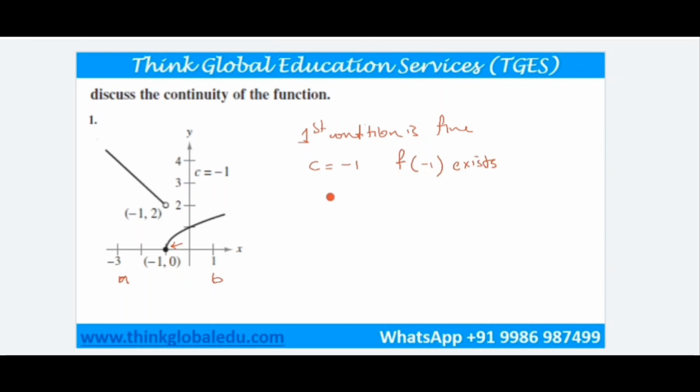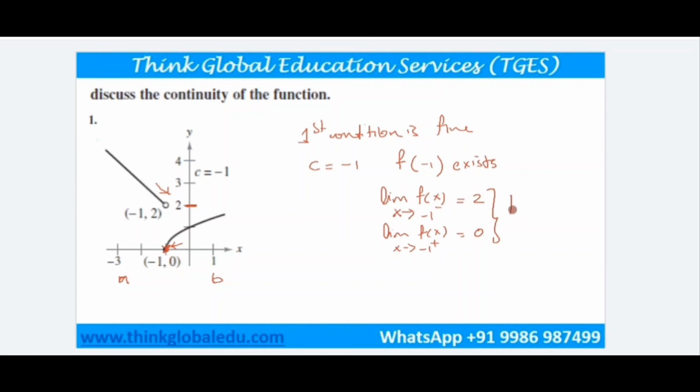Second condition is whether the limit exists or not. Here the left limit, you can see that it is approaching the y value 2, which means limit as x approaches -1 from the left side is 2, and limit as x approaches -1 from the right side, we can see that it is approaching the y value 0.